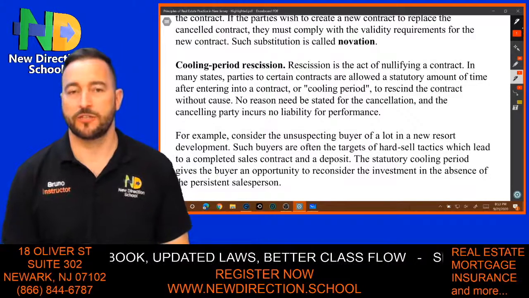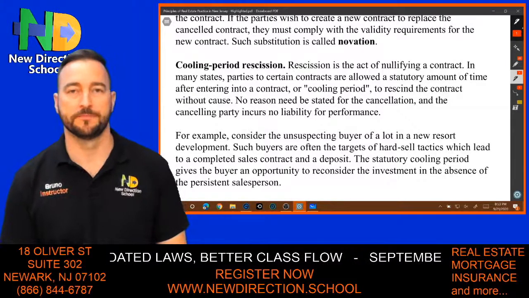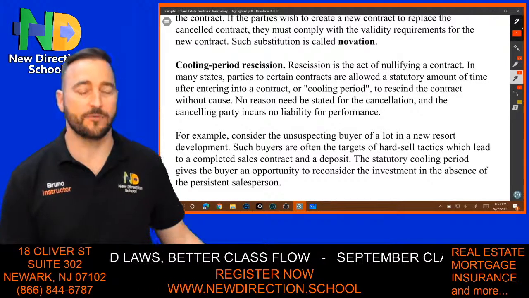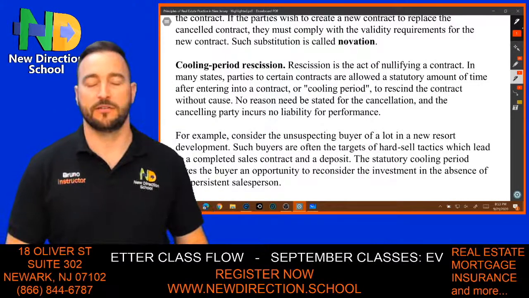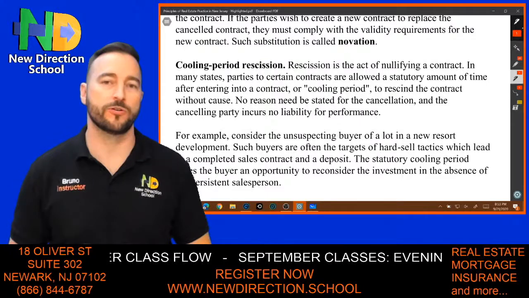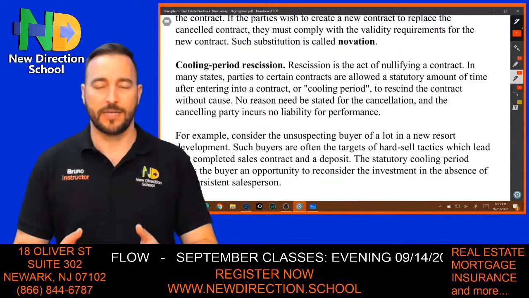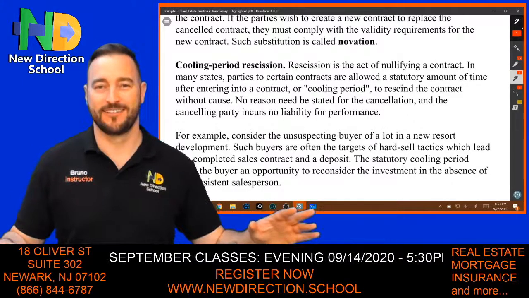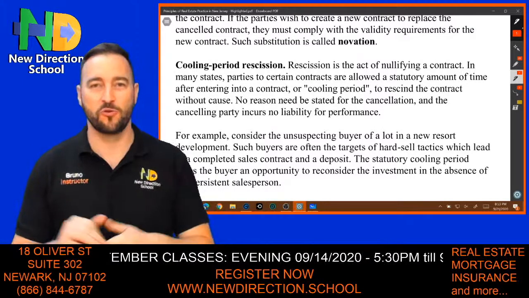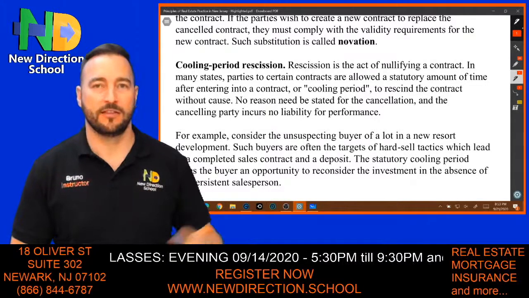Because while you're in the attorney review period, the 3 business days, you can just say, hey, not interested anymore, and walk away without any liability, without any penalties. So that's our cooling off period in New Jersey: we put an offer and all of us need to cool off and make sure this is what we want. That's the attorney review cooling off period, and we can walk away without any liability.